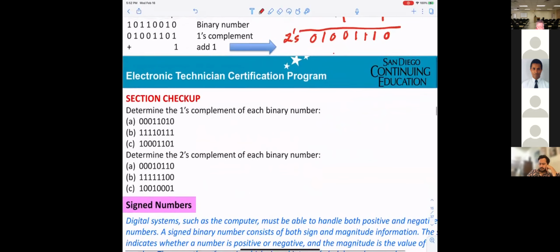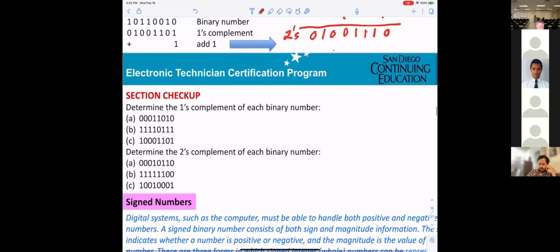Now you guys try for me. Number A, B, C on first complement. Okay, and number A, B, C on second complement. First complement is too easy, right? Right. You're just changing the numbers. If it's a 0, you make it a 1.